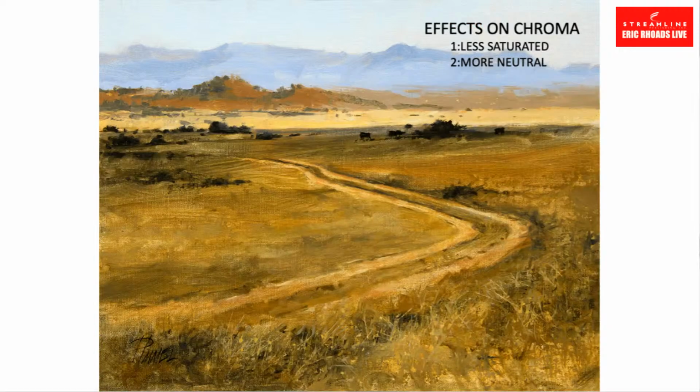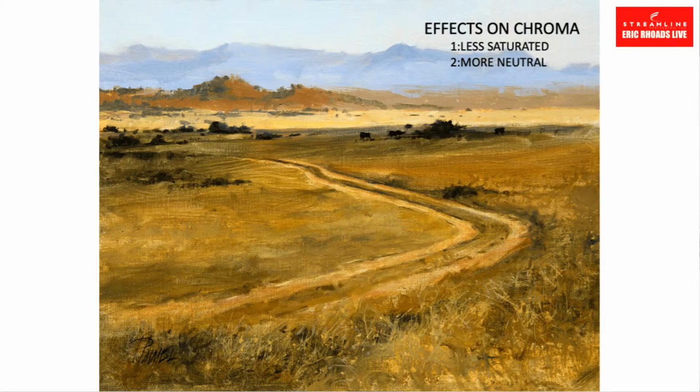Okay, next. One that I personally have struggled with sometimes is the effect of atmosphere on chroma or saturation. There's a considerable decrease in the saturation of a color as it moves back.